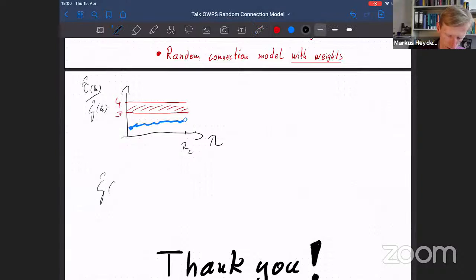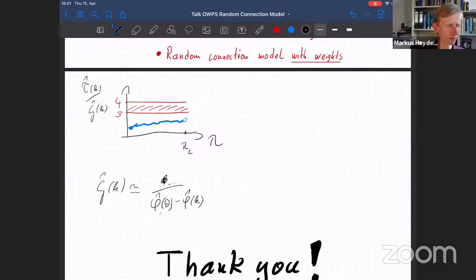So g hat of k is something of the form phi hat of 0 minus phi hat of k. So that's coming out of the g hat. The numerator is not right, but the denominator, that's the main thing. So it's diverging at k, but you know precisely how it diverges at k.